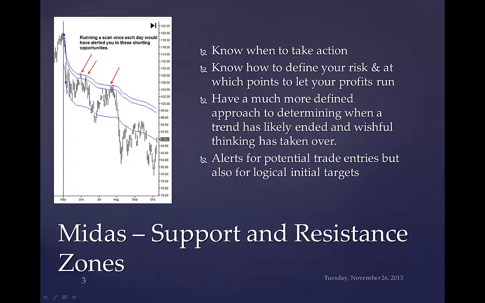If you look at the image to your left here and look at the lower channel line, you'll see that the first couple of tests, the lower channel line was providing support, and then it rallied up, tested the upper channel line, found resistance, sold off, and you can see initially it tested and started moving back higher. It did then break through it, but then it moved all the way back up to the third red arrow I'm pointing to here.